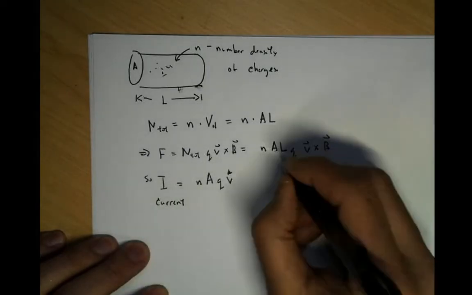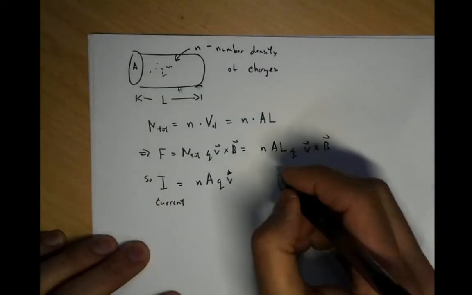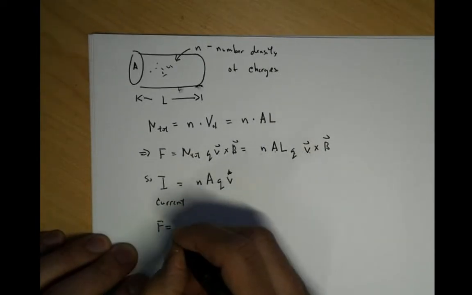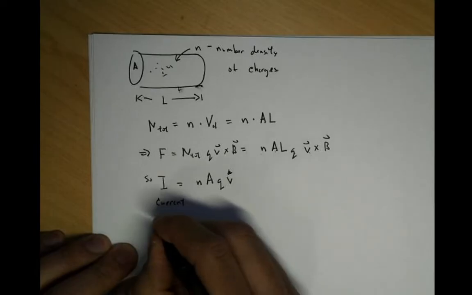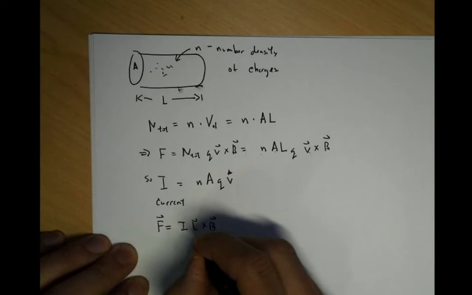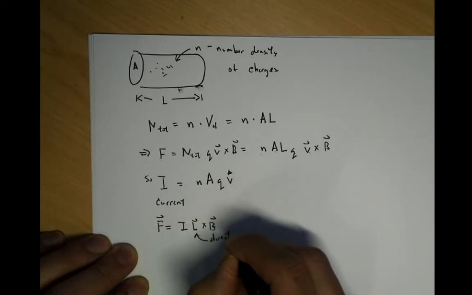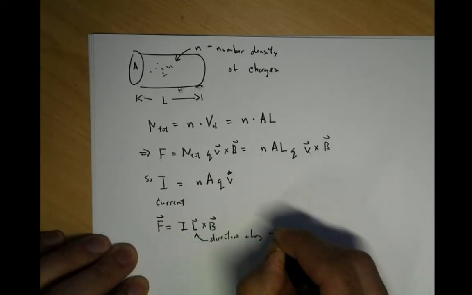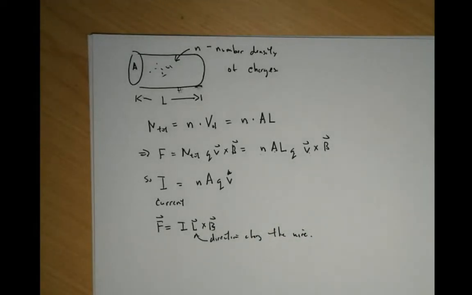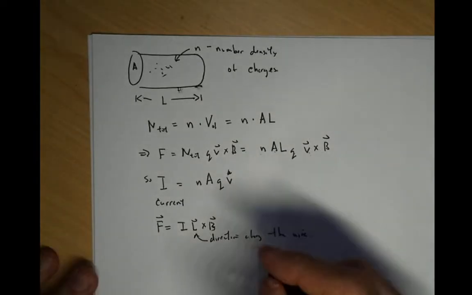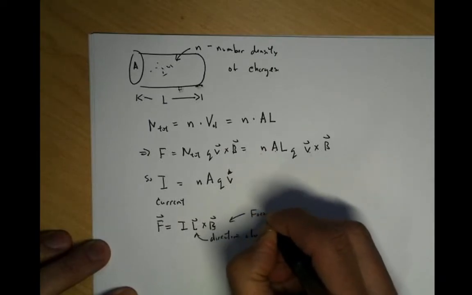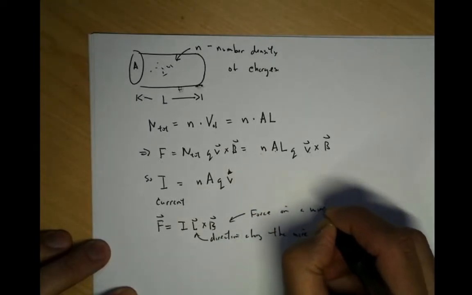And if V is moving along the wire, I can rewrite this as the force is equal to I L cross B, where L is the direction along the wire. So that's brilliant. This is the force on a wire.